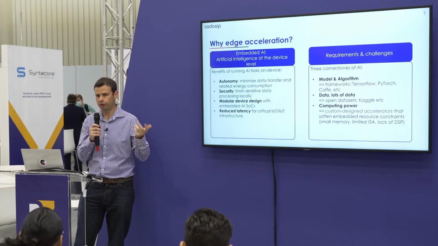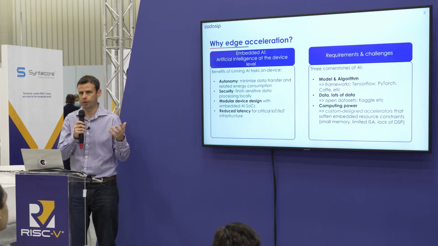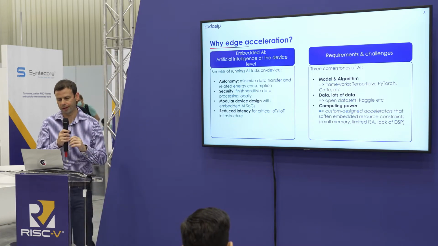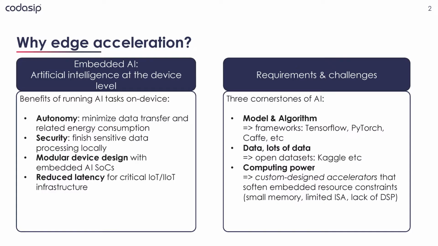But processing on the edge is not without its challenges. First of all, you need the software frameworks, and a lot of these are optimized for larger systems. There are now some MCU-centric frameworks like TensorFlow Lite Micro, and that's what we're using in our presentation today. You need lots and lots of data for training data sets, and I'm not going to touch on that.